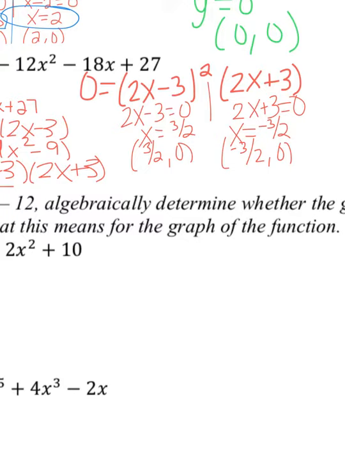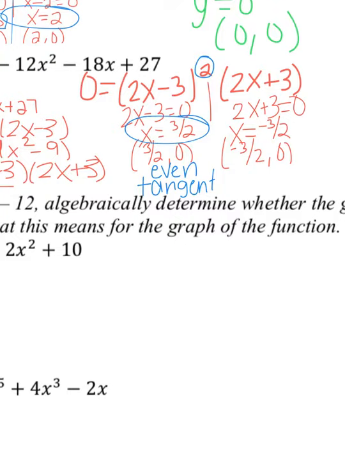For your multiplicity, at this root here, at x equals 3 over 2, that came from the factor 2x minus 3 squared. 2 is even, so the multiplicity is even, which means that the graph will be tangent to the x-axis.